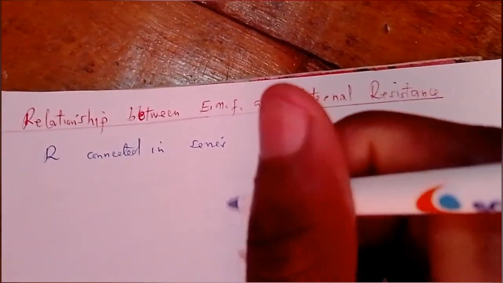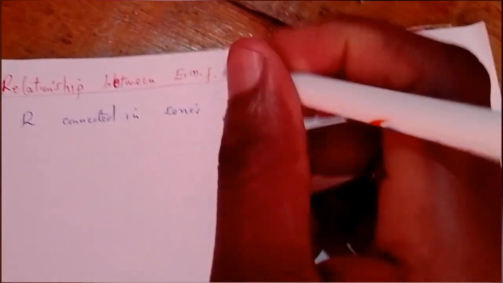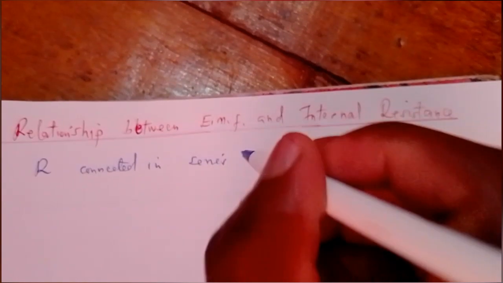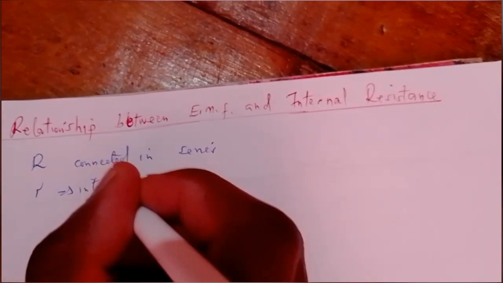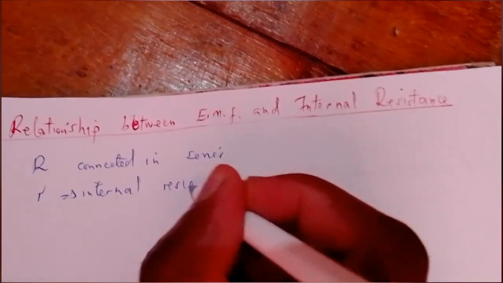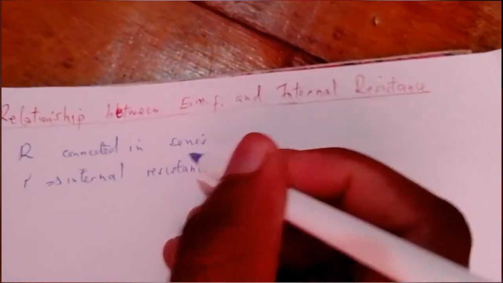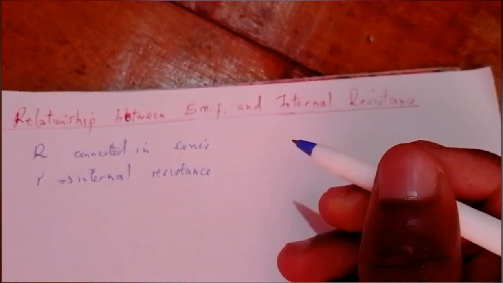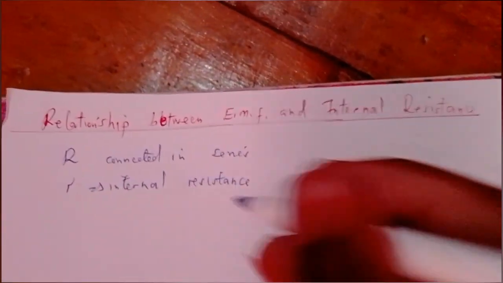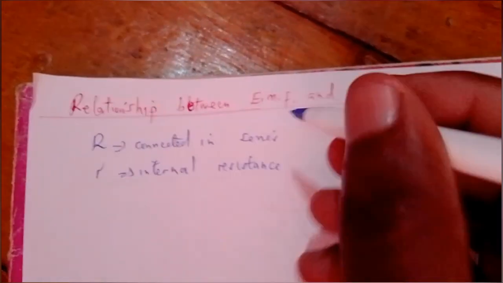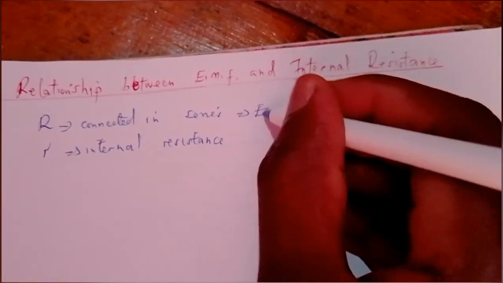I shall draw a diagram here. The internal resistance of the cell, let it be small r, is considered to be connected in series with the external resistor. This capital R is the external resistor.